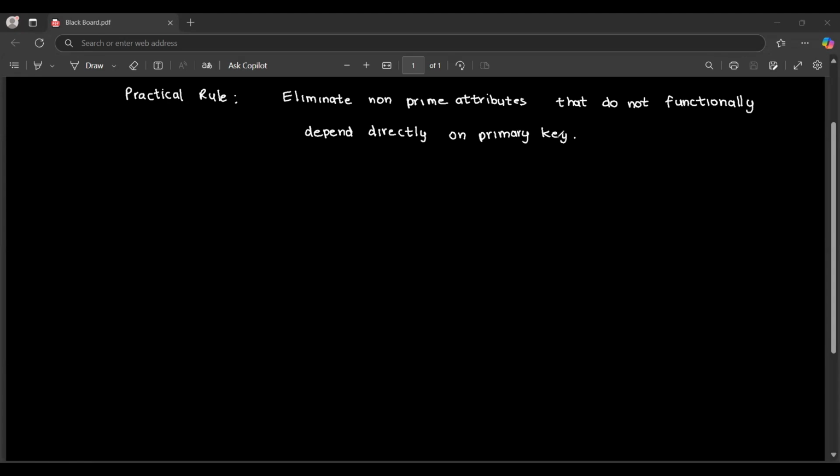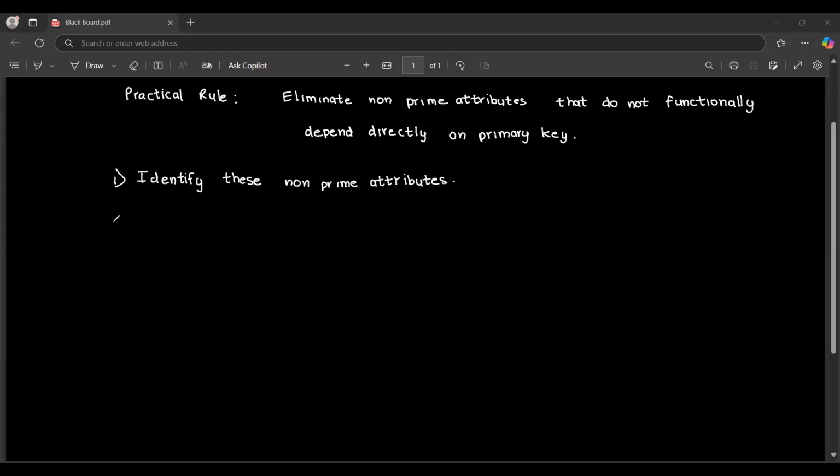Okay, so we can do this. First of all, we have to identify these non-prime attributes, and then we will create a new relation and put them inside.